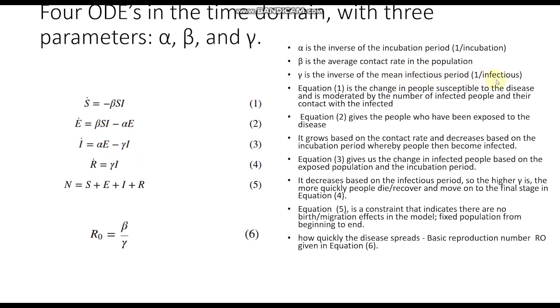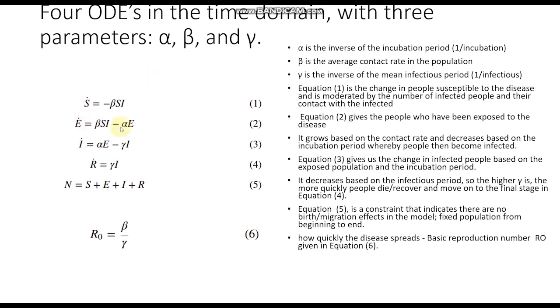Suppose the mean infectious period is high, which results in a low value of gamma, which in turn makes the number of people recovered less. That means if the infectious period is high, the number of people recovered is less. Suppose the mean infectious period is low, which results in a high value of gamma, which in turn results in more people recovered.